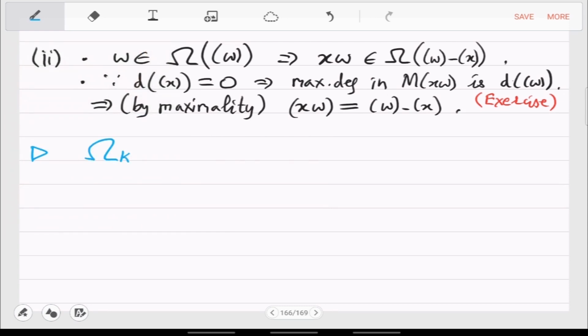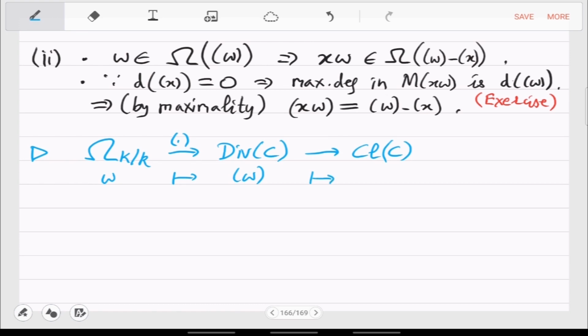Here are your differentials. This bracket notation gives you a divisor which can be mapped to the class group. So little omega is mapped to bracket omega, which is mapped to bracket omega modulo the principal divisors. That's the sequence of maps.